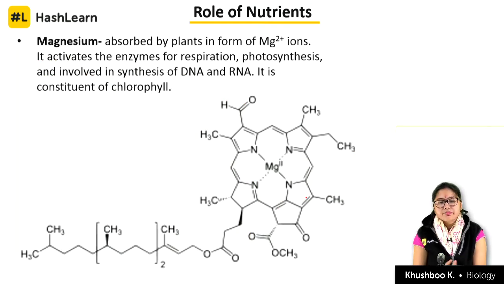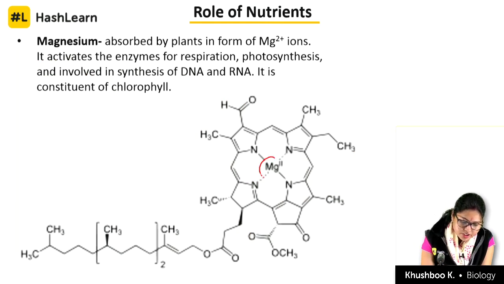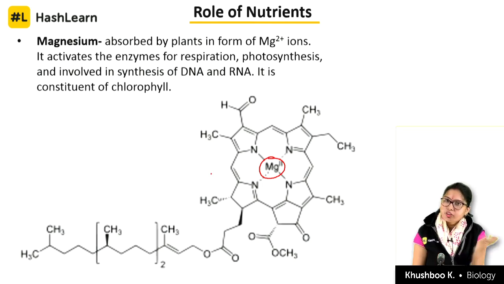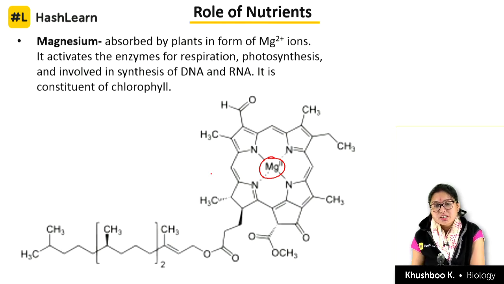Now magnesium, ठीक है, so you can see the most important function of magnesium is in chlorophyll. Chlorophyll नहीं है तो plant नहीं है. Fine. So because of that magnesium is very important, and magnesium ions are absorbed in the form of Mg2 plus ion.